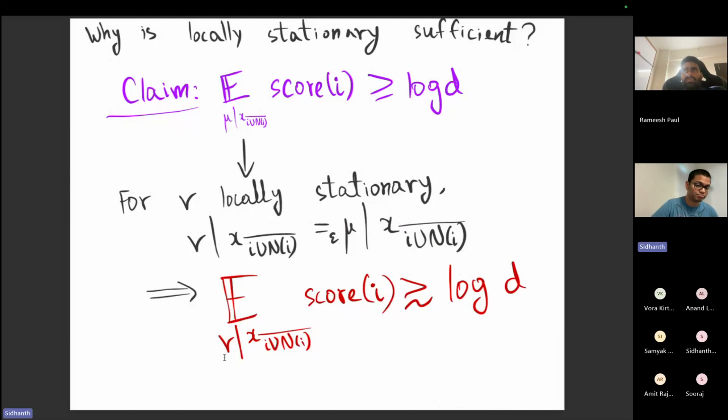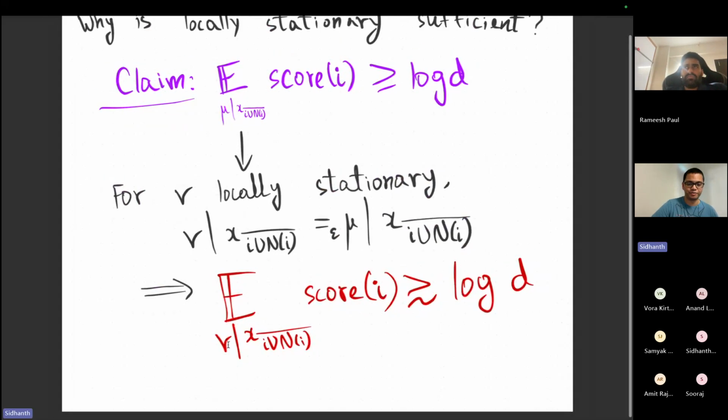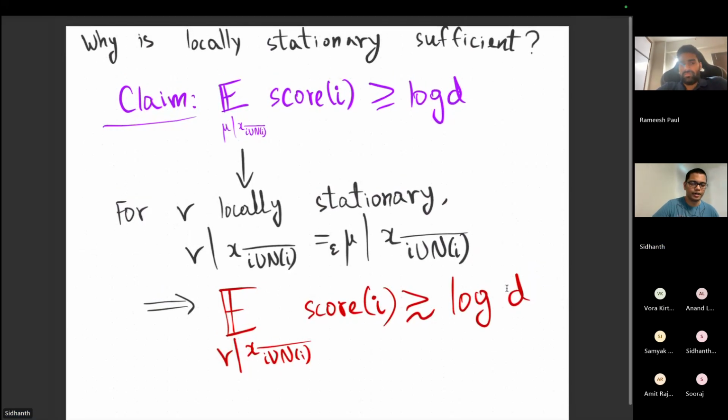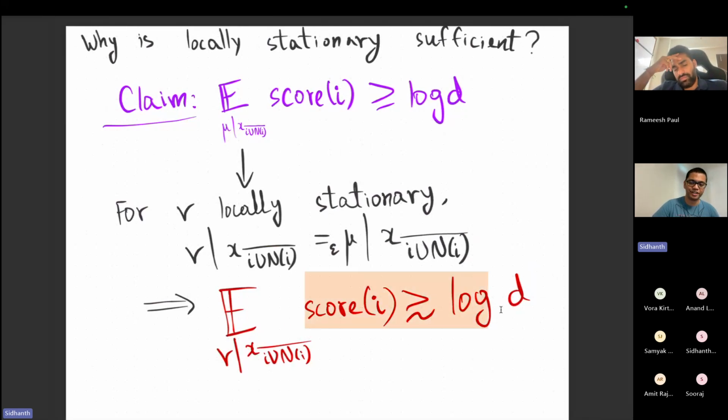So when you have a locally stationary distribution nu, you can run through the same proof, and you'll have to show that the expectation of the conditional nu of the score is at least log d. And because nu conditioned on the pinning outside of I and its neighbors is the same as mu conditioned on that pinning, the proof that I just showed you also establishes this lower bound.